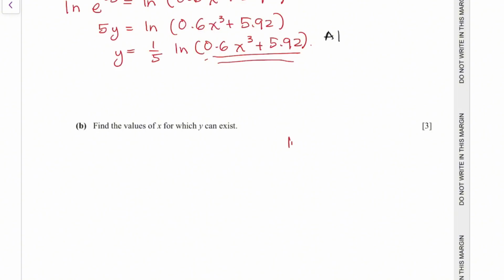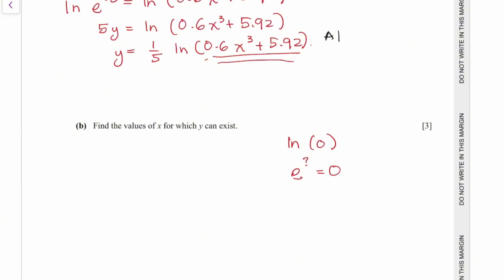When you have ln 0, you basically have to think about e to the power of what would give you a 0. E to the power of 0, is it 0? No, it's 1. What about e to the power of negative 1? It's 1 over e, right? So you don't have any value that would give you a 0.